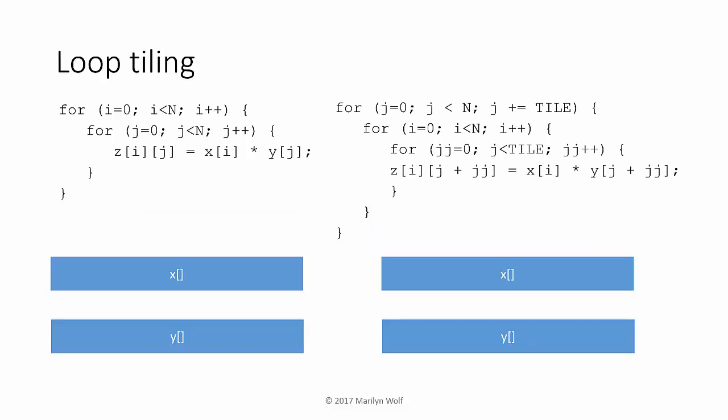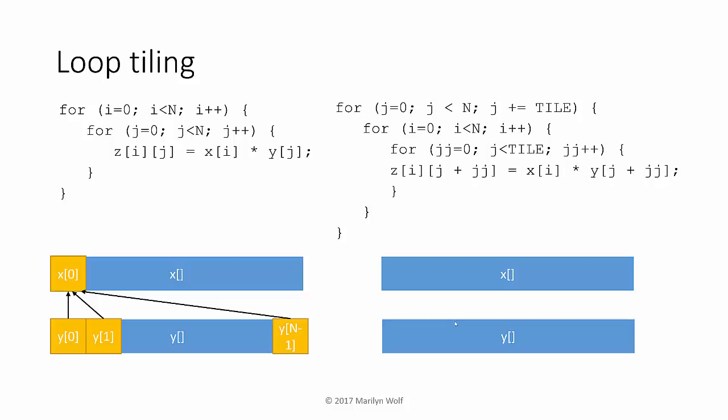Loop tiling is an important way to optimize caches. Loop tiling adds loops in order to change the way we iterate through the arrays. In the case of the left-hand side loop, we take a given value of x sub i and we operate on it with every value of the y array. This may be inefficient use of the cache for the y array.